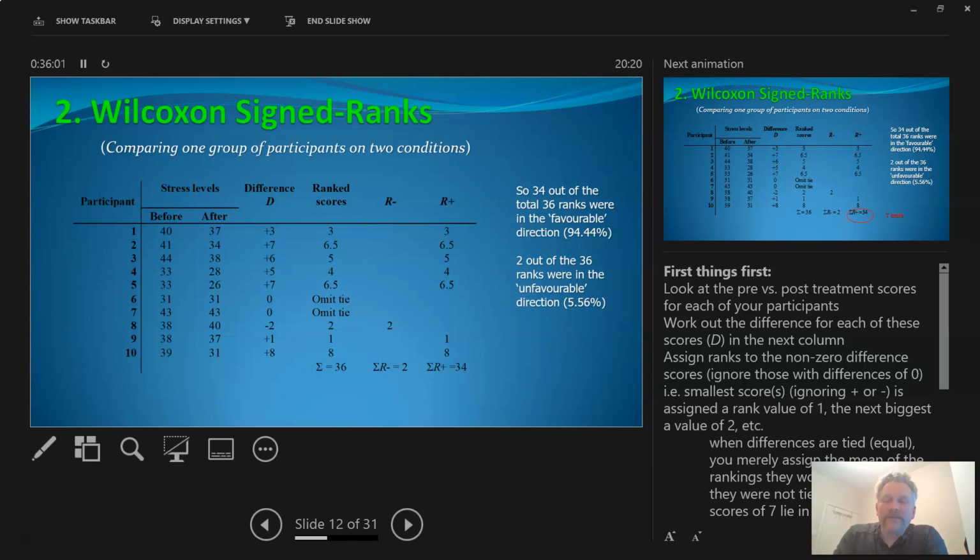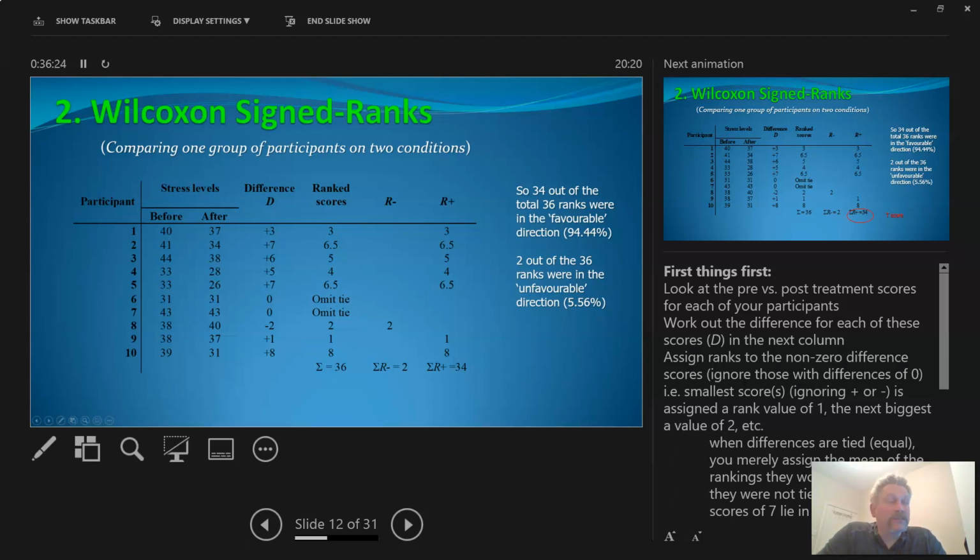So let's say, for instance, as you can see here, that we've got people who took part in some sort of stress management session. And what we've done is measure their stress levels before they took part in the intervention and immediately afterwards again.